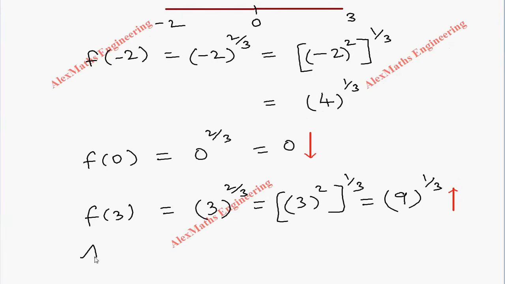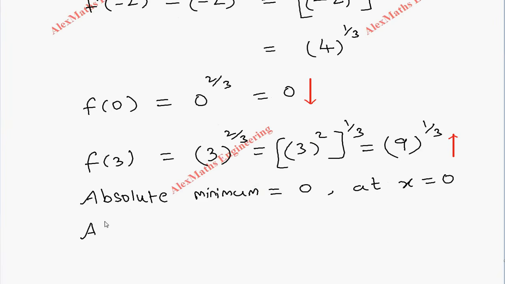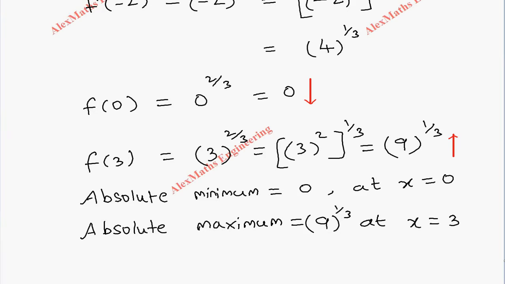So we can conclude absolute minimum equal to 0 at x equal to 0. In the same way, absolute maximum equal to 9 power 1 by 3 at x equal to 3.